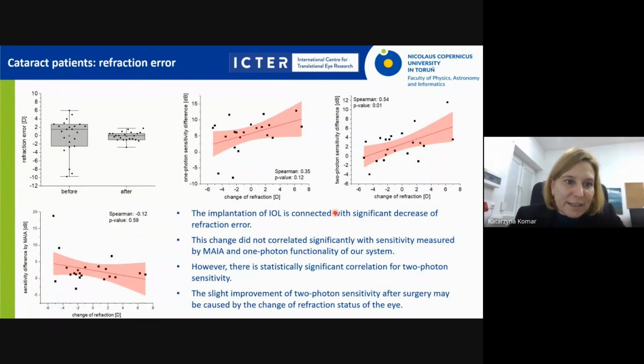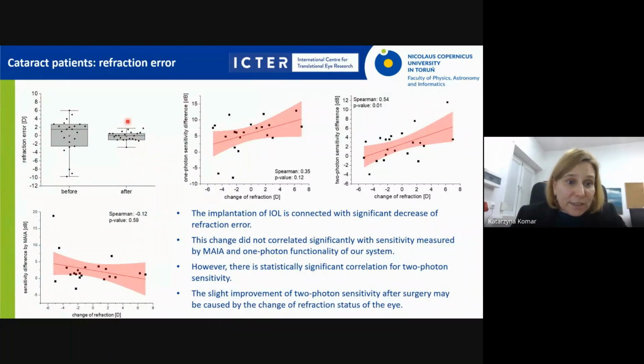The second difference caused by the cataract surgery was not only the change of transmission of the lens, but also, of course, the change of refraction error. Because people before have their natural lens, they've got very different refraction errors in this group. And after that, they were corrected, because the intraocular lens corrects the refraction error as far as possible.